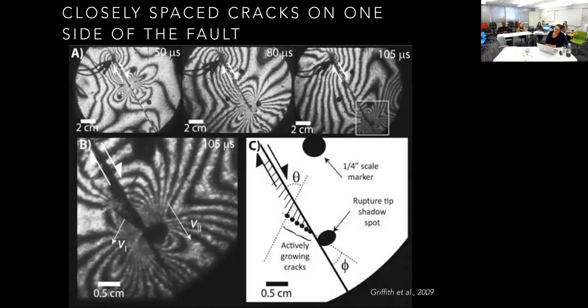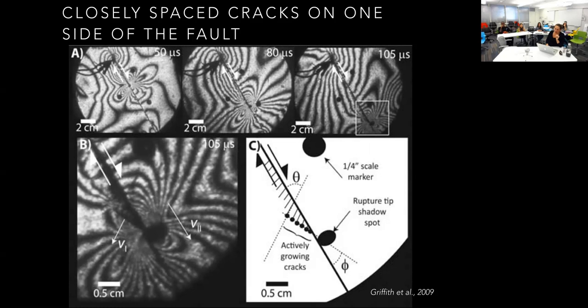And what you can see there is that the stress fringes are forming a little flower on the fault, and the center of the flower is where the tip of the rupture is. So there's stress on both sides of the fault around that rupture, and the stress anomaly around the fault is following along with the tip of the rupture.